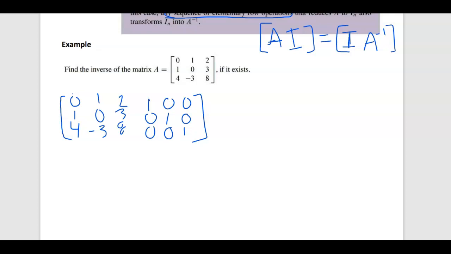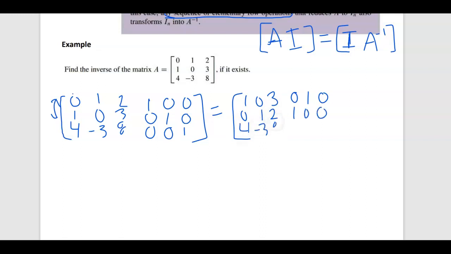All right, the first thing that we're going to do is switch these two rows. Okay, and then I am going to do -4 times row 1 plus row 3 and put that back into row 3.